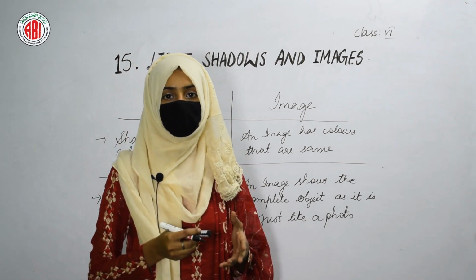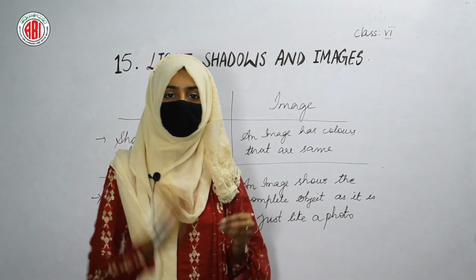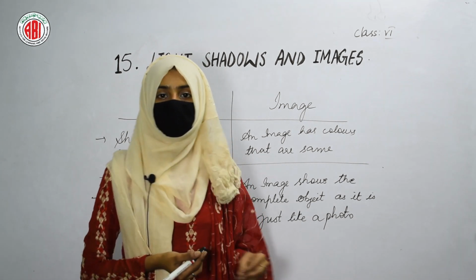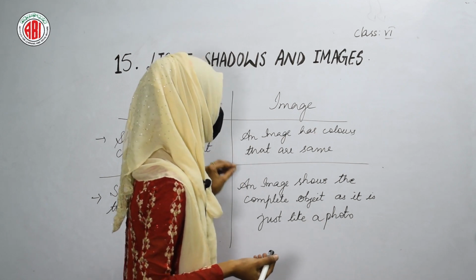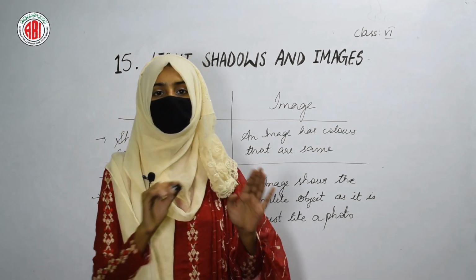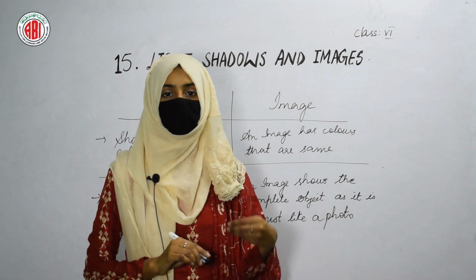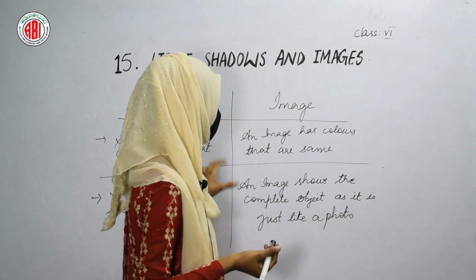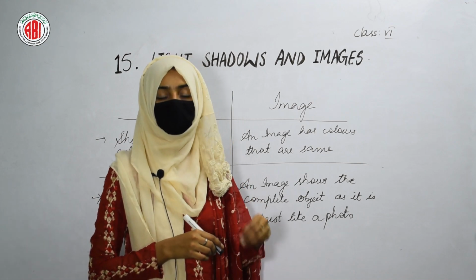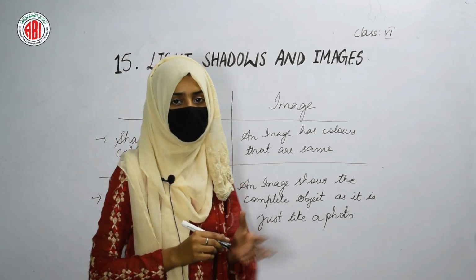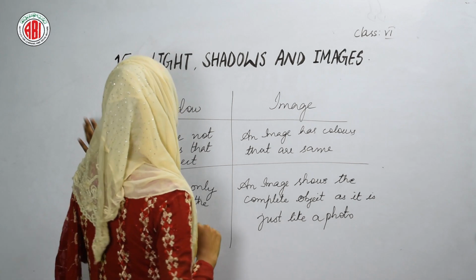When you click a photo, it will appear identical to that of the object. In such a way, the image that is formed also shows the complete object. It will not show only the outline of the object. We can see an image just like a photo. That means it shows the complete object. So this is the difference between shadows and images.